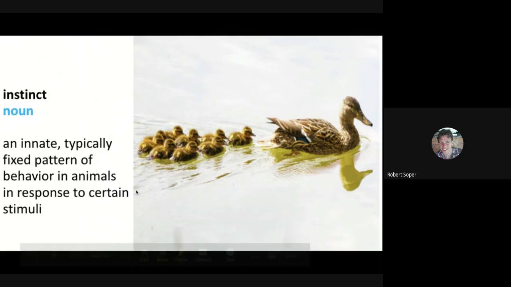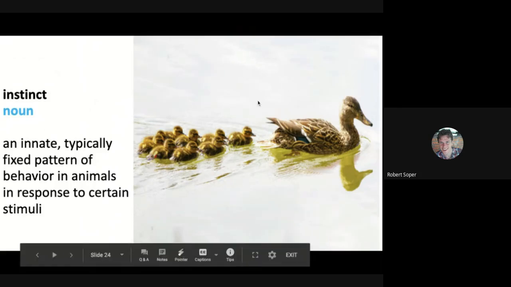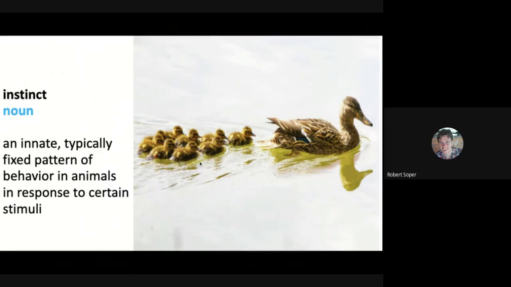These are baby ducks. We call them ducklings. Right now, they are displaying an instinct. What is the instinct they are showing? Well, they are following their mother. That's because a duckling's instinct is to follow its mother.